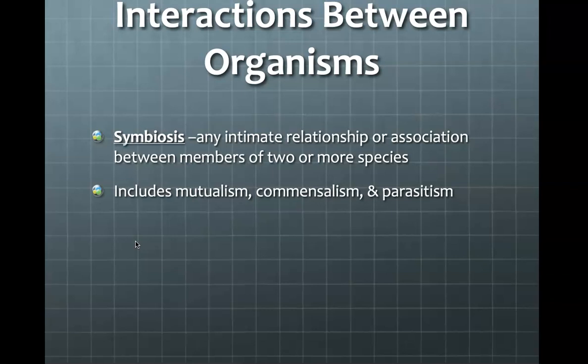We tend to refer to symbiosis as a mutually beneficial thing. That's only one type, okay, of symbiosis. Mutualism is that one. Again, I'm pretty sure it gets a slide, so hang tight. Then there's commensalism and parasitism. Now, we all know that one's negative.